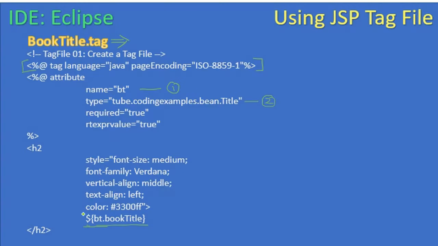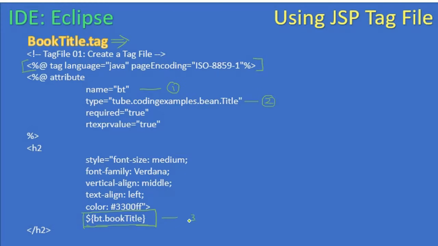So we use the same notation, dollar curly braces bt. BT is nothing but TitleBean dot book title. So that's how we are accessing. That means here we are accessing the title, and we want to print that title in a specific style.